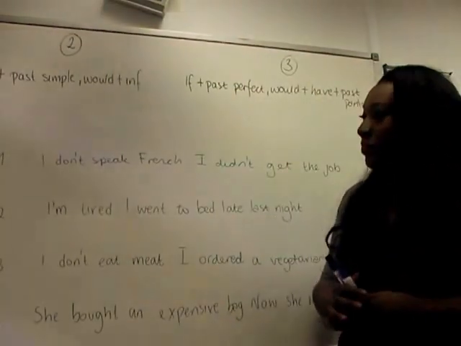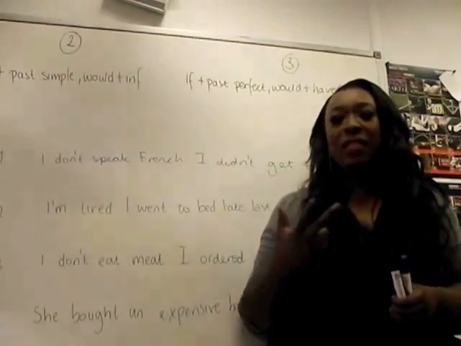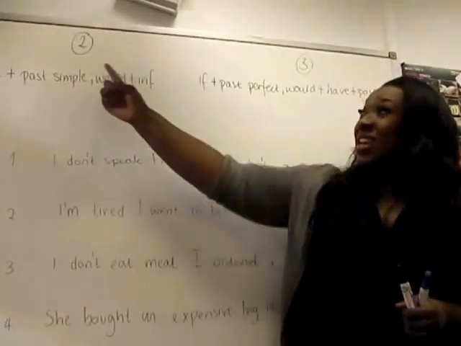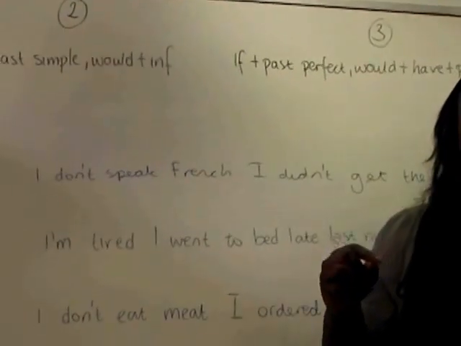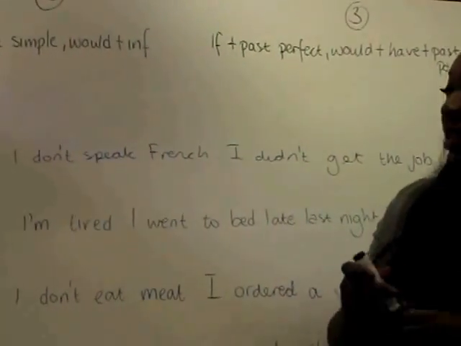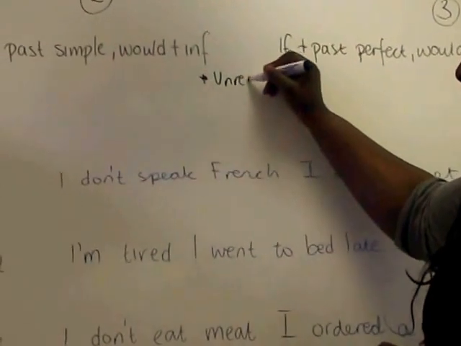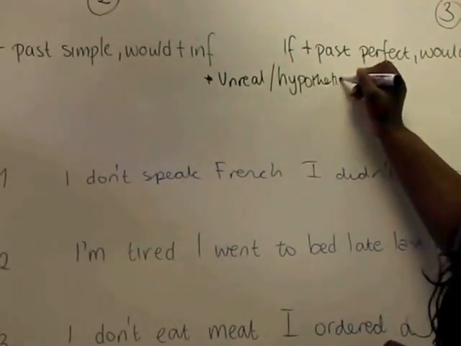So, in a previous video we talked about the first, the second and the third conditionals, and we saw that the second conditional and the third conditional had some similarities. Both conditionals are unreal or hypothetical.